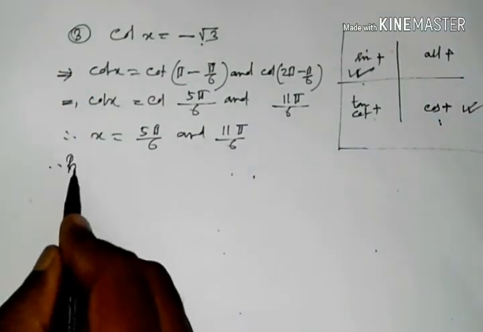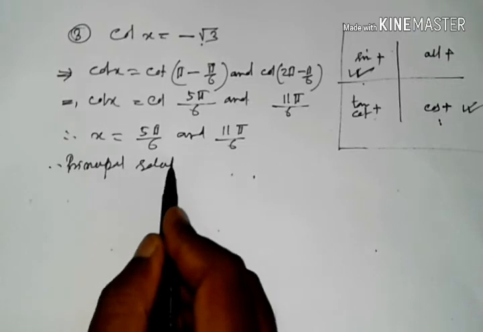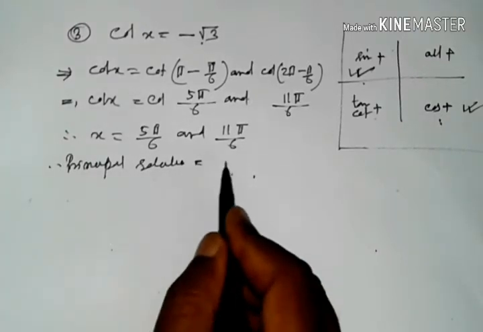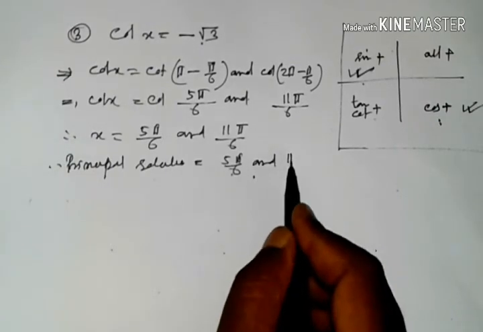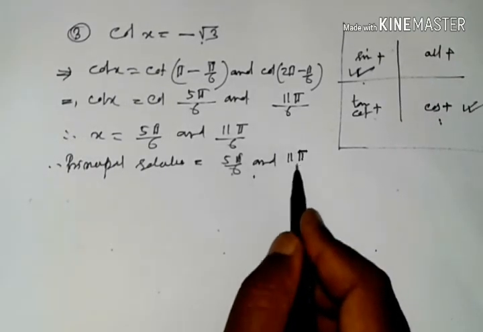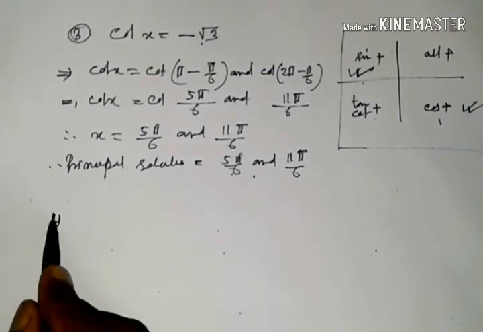The principal solutions are 5 pi by 6 and 11 pi by 6.